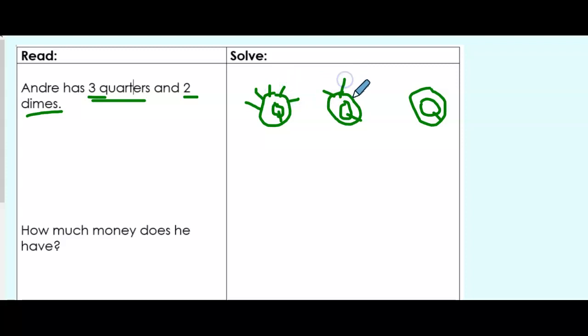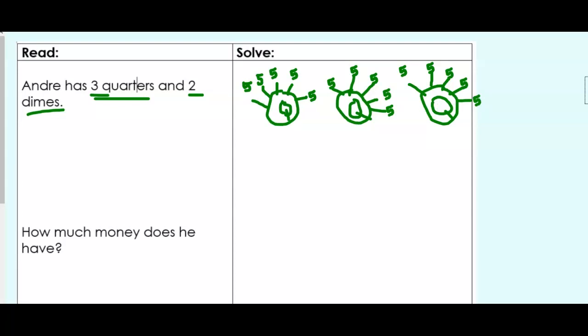And don't forget to write your friendly number 5 above each hair, like this.